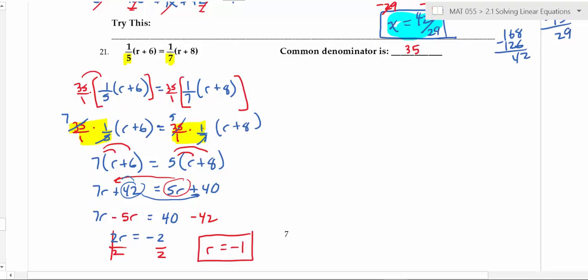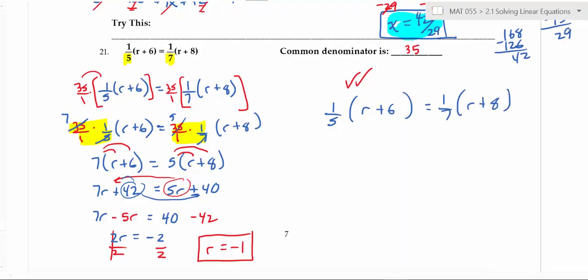And by the way, this problem is actually very easy to check. I'm just going to do this to remind you that this is not always that hard to do. You have 1/5 times (r plus 6) equals 1/7 times (r plus 8). Now what I'm going to do is I'm going to replace r with negative 1. Okay, so when I do that, I'm just going to erase this, and I'm going to put in a negative 1 there.